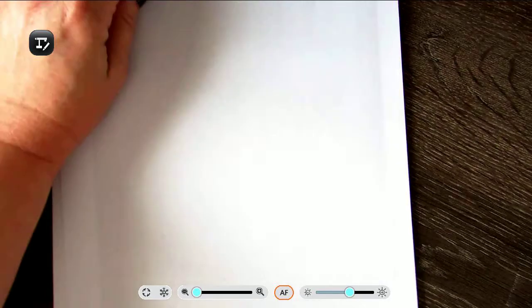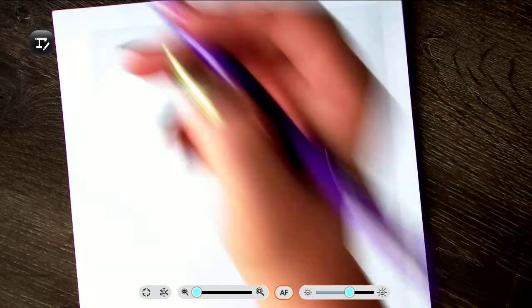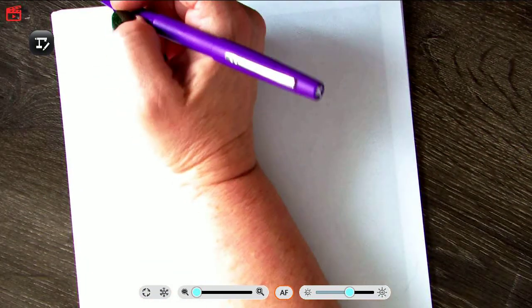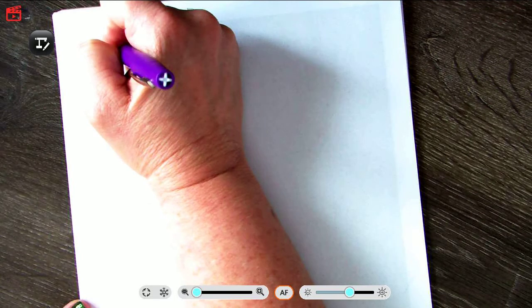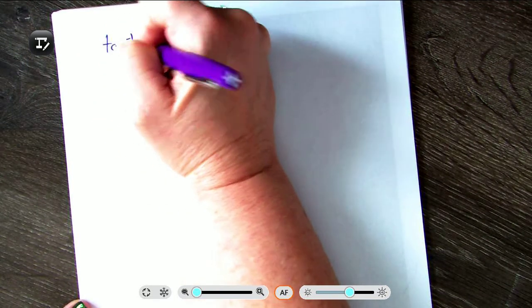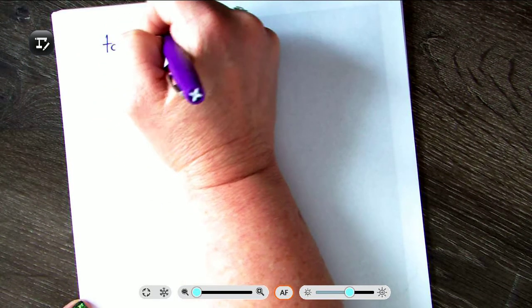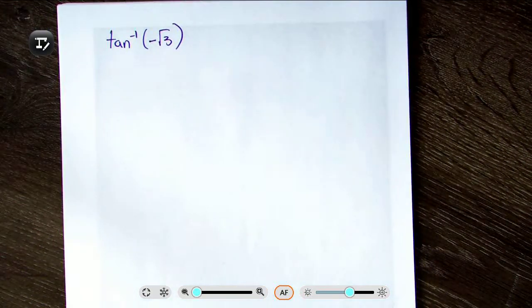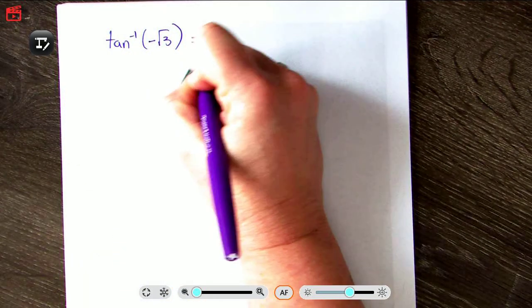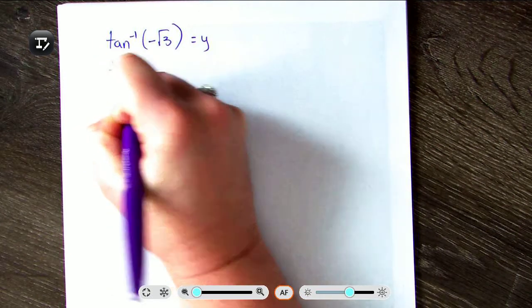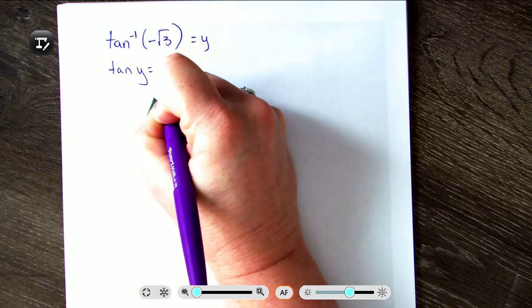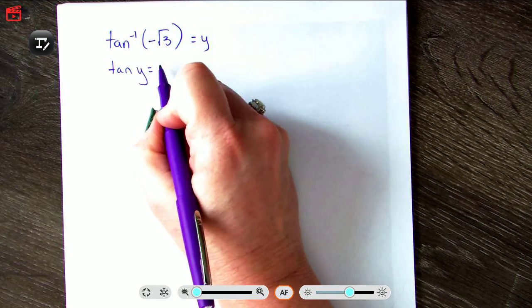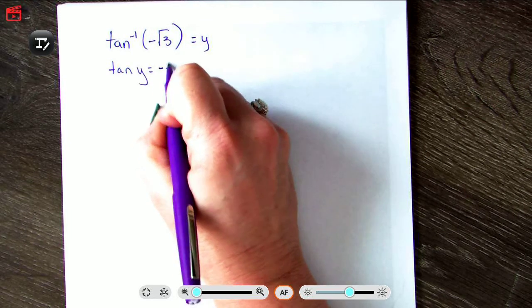Alright, let's do some problems with the inverse tangent to be complete. Let's calculate the inverse tangent of, and I like to pick on this one, this triangle. So we're going to have the inverse tangent of negative square root of 3. Again, that means we're looking for an angle whose tangent is negative square root of 3.